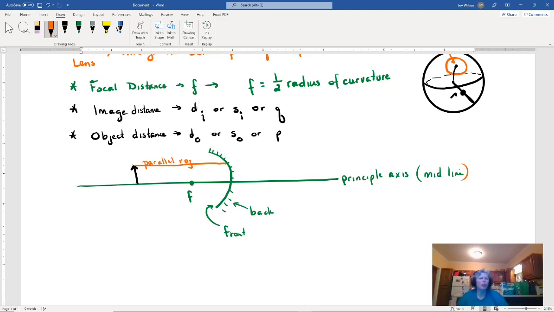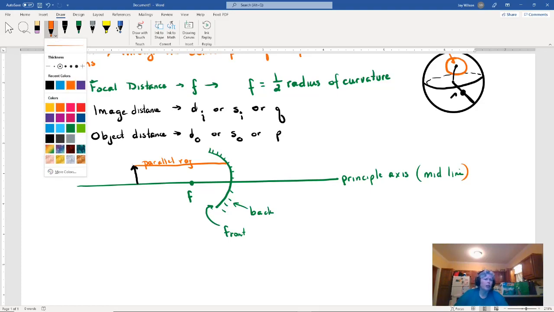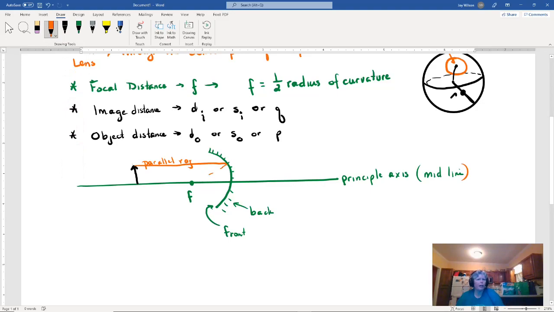And when my parallel ray hits the mirror, it is going to reflect back through the focal point. Always. So the parallel ray reflects out through the focal point.